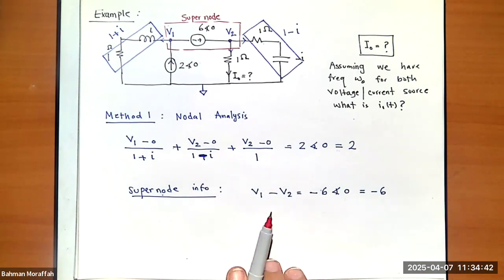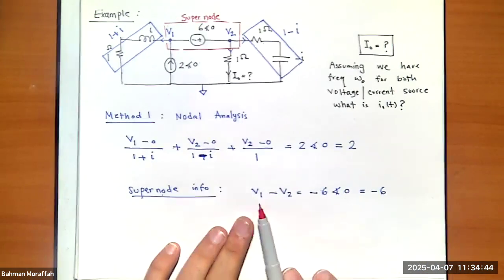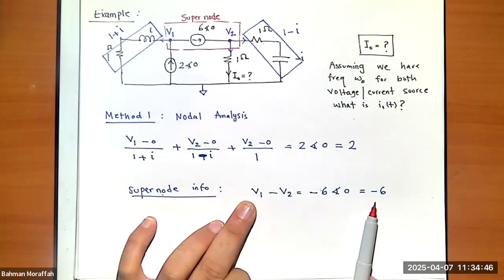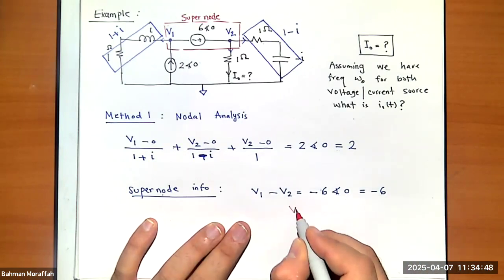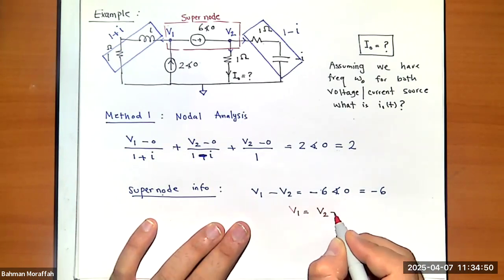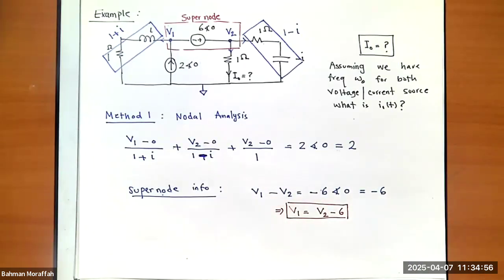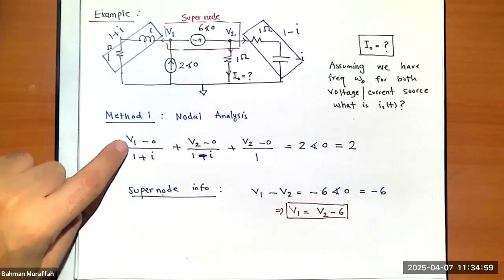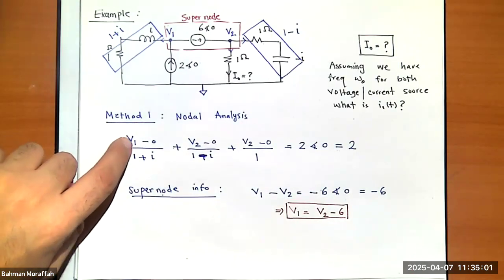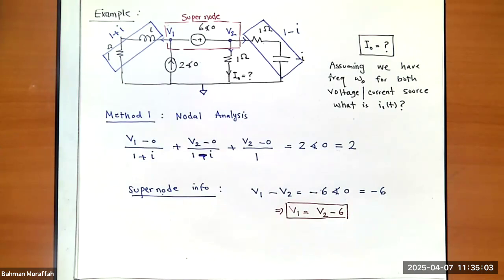Do you agree I can find V1 in terms of V2 using this equation? V1 is V2 minus 6. You agree with that? Now I can replace this V1 over here and get an equation that's in terms of V2.